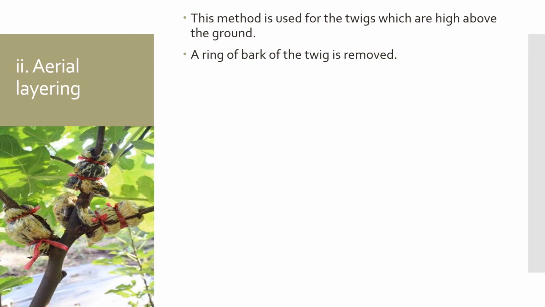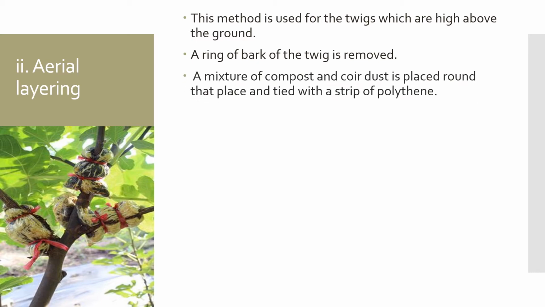But here you have to remove the whole ring of bark from the twig, and then you have to cover that cut place using a mixture of compost and coir dust and cover it using a polythene strip, and you have to allow it a few weeks for appearing new roots.